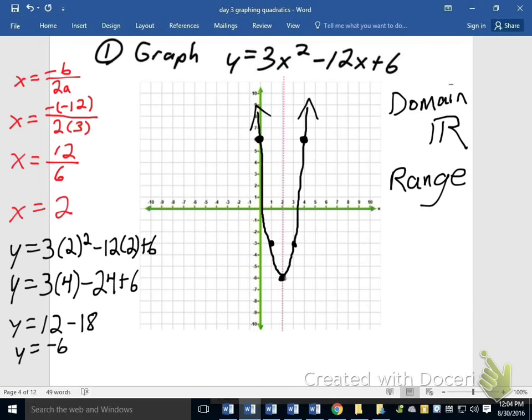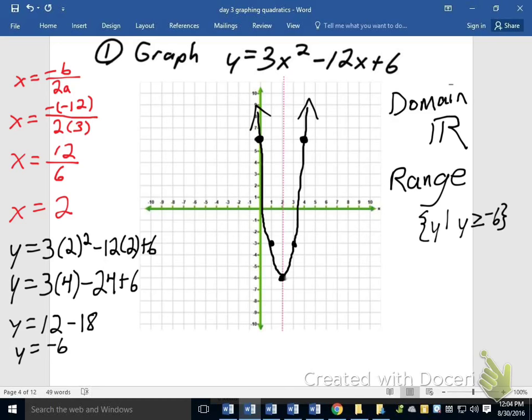So for my range, what I'll write for it is that y such that y is greater than or equal to -6. It started down at -6 on my y-axis and exists everywhere above that. It keeps going for forever. So domain all real numbers, range, y is greater than or equal to -6.